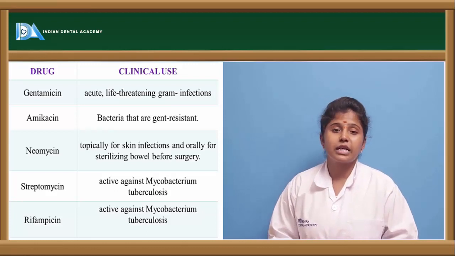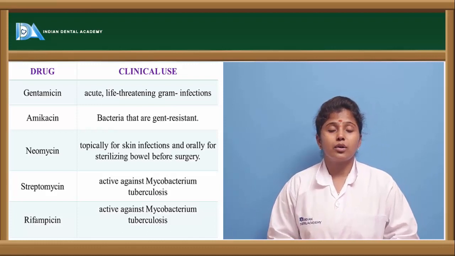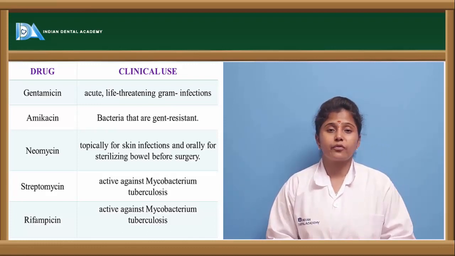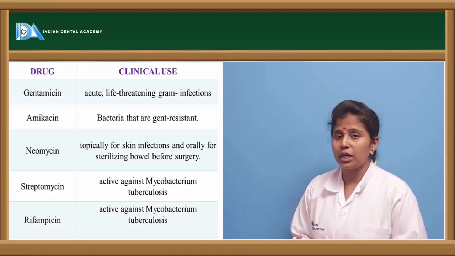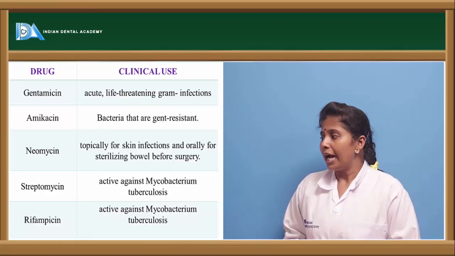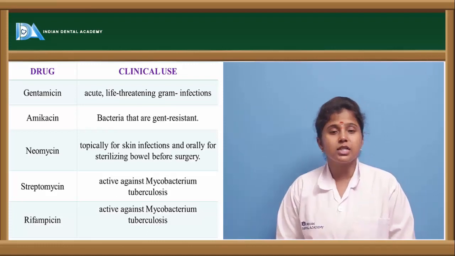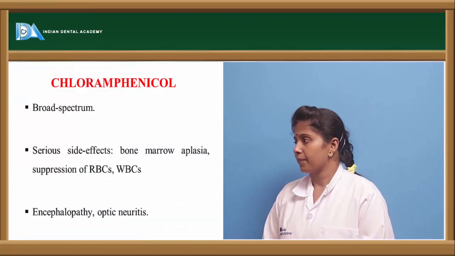Before surgery, in order to clean the stomach of infections or microorganisms, neomycin is used orally. And streptomycin is used against Mycobacterium tuberculosis, and rifampicin is also used against Mycobacterium tuberculosis to treat tuberculosis.